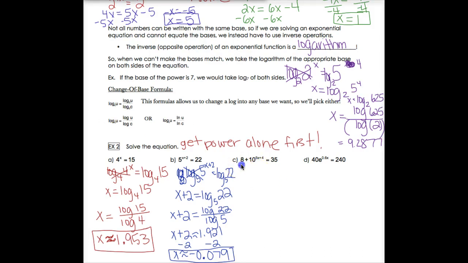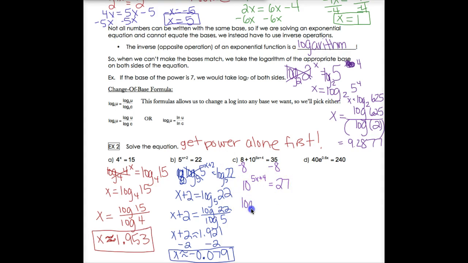All right, so first thing, I'm going to subtract 8 on both sides. So 10 to the 5x plus 4 equals 35, take away 8, which is 27. I can't rewrite 27 in base 10, so that means I'm going to need to take the log base 10 on both sides.